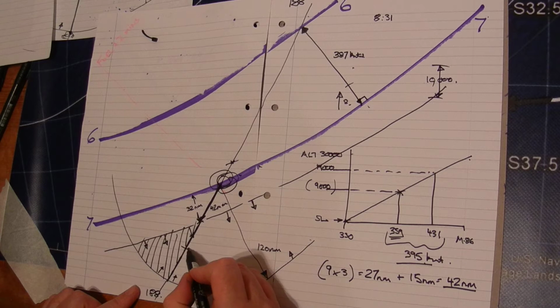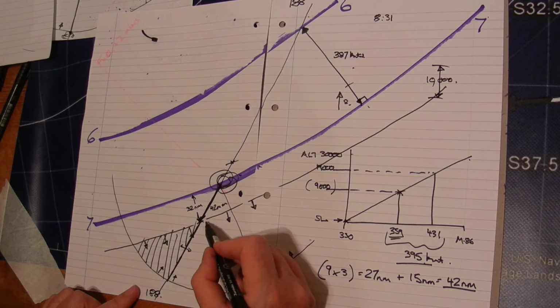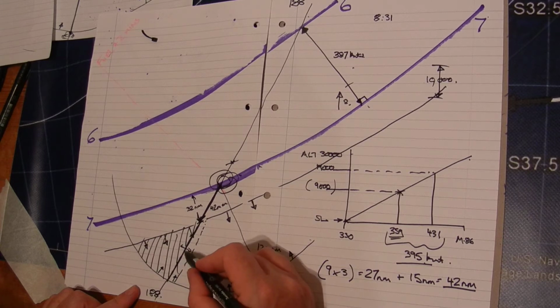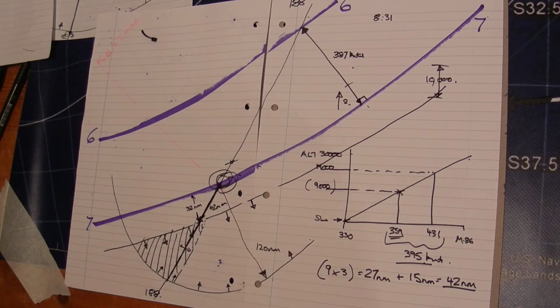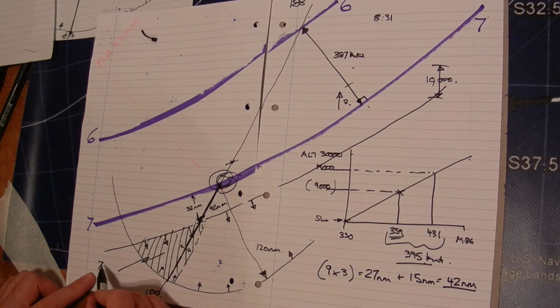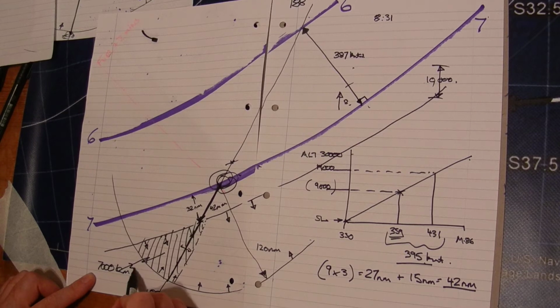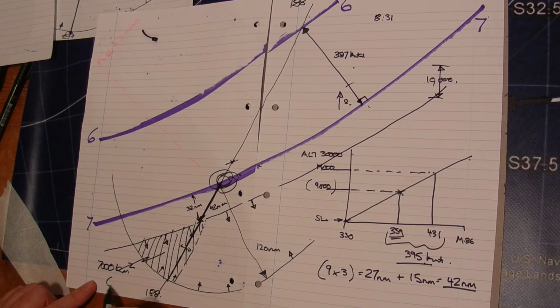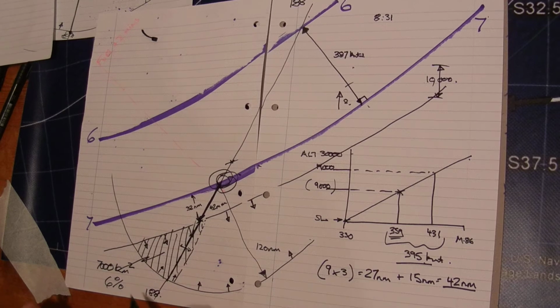It can be either side of 188. So in actual fact you'd want to extend this slightly this way. So this triangle that we end up with is this large, 7,000 square kilometers, which is an extraordinarily small amount in the greater scheme of things. That's going to require another 6% of what we've searched already, thereabouts, 6%.